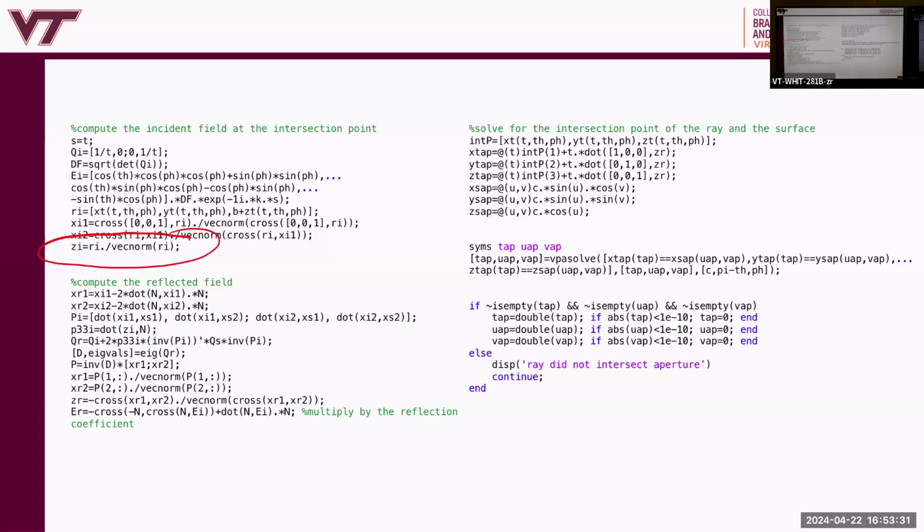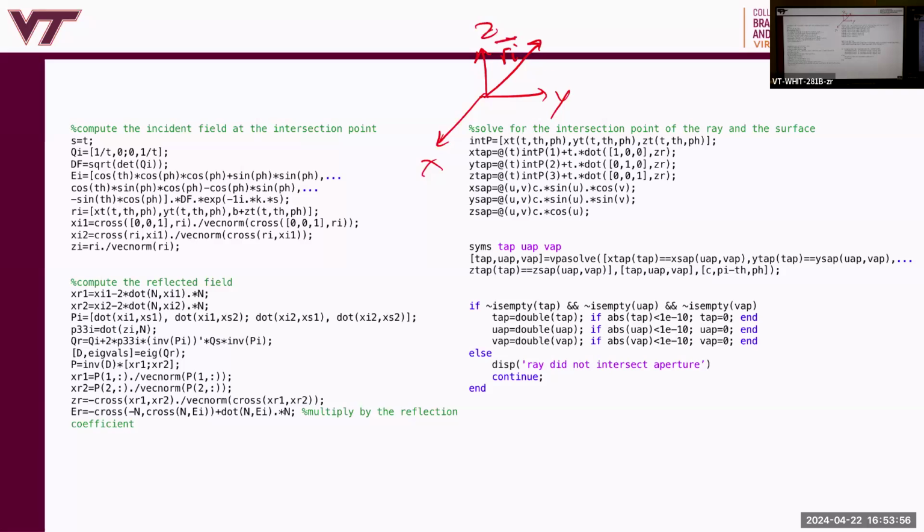All right. Now we can calculate xi1 and xi2 as any 2 vectors because the incident field is a spherical wave. So we just pick Ri crossed with Z hat. All right, so we have X, Y, and Z. We have some Ri, for example.